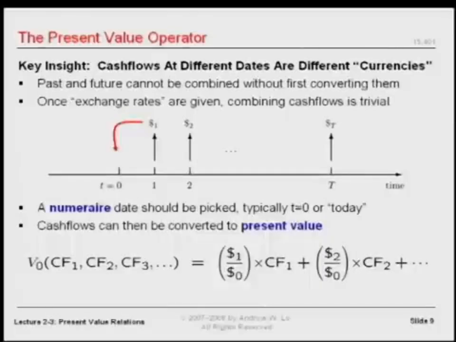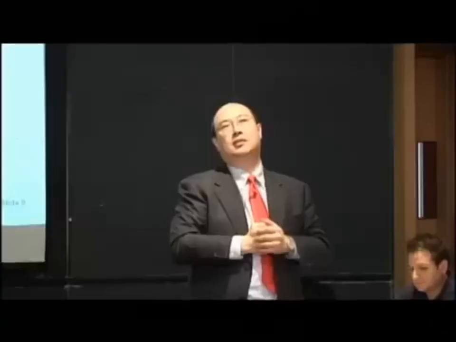Here's my timeline. And my timeline has payoffs at various different dates. Now, I'm arguing that the past and the future cannot be combined without converting them. So we have to have a set of exchange rates that convert all the various different currencies into a numeraire or single base currency.